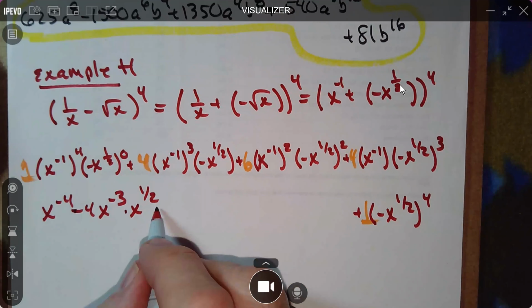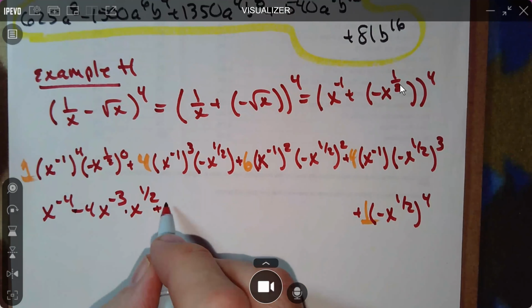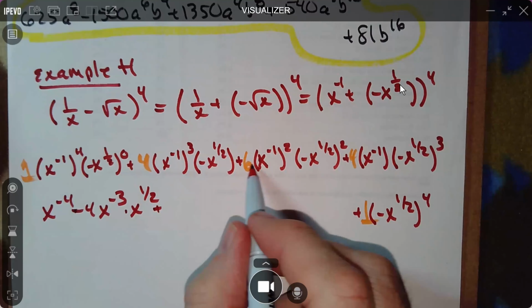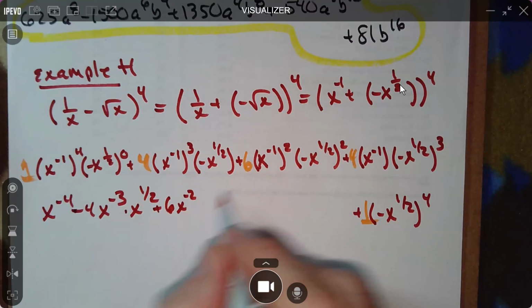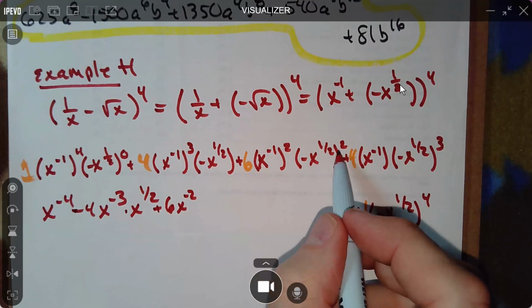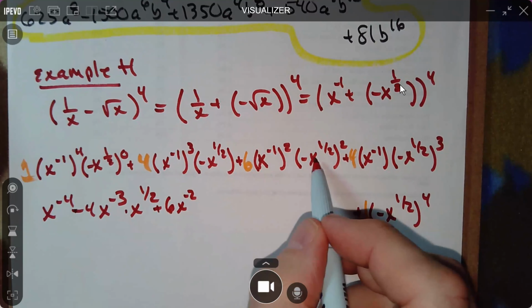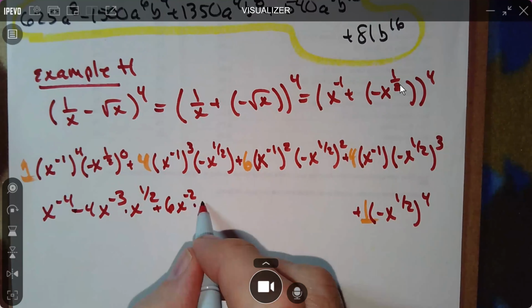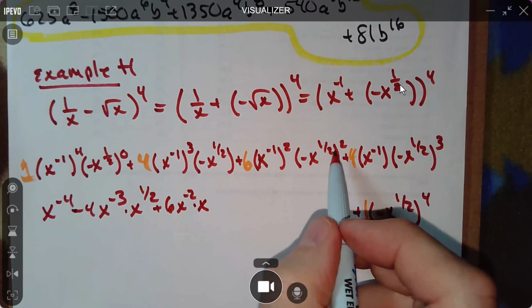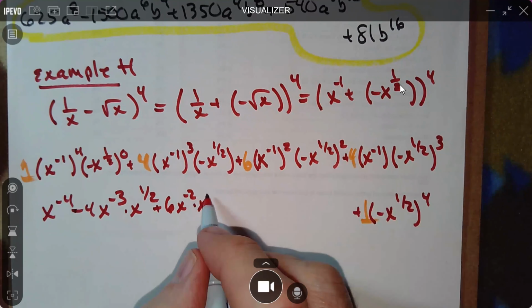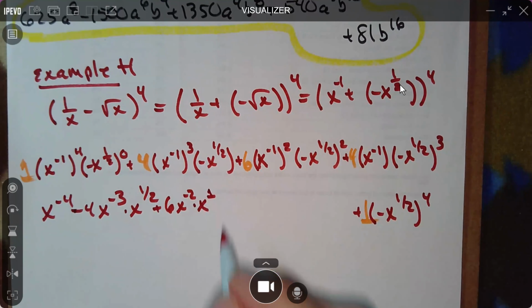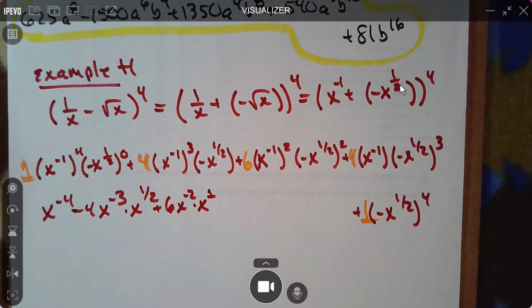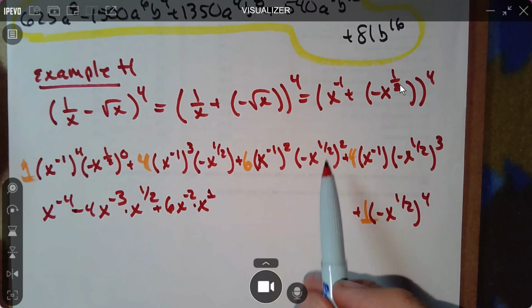And let's keep going. Plus 6 x to the -2nd. And then when I square this, negative times a negative is going to disappear. But how about the exponent? What exponent am I going to get? One. Yeah, 2 times 1/2 is 1. So I'll get to the first power. Wait, wouldn't it, oh wait, is it -6 because of the negative x?